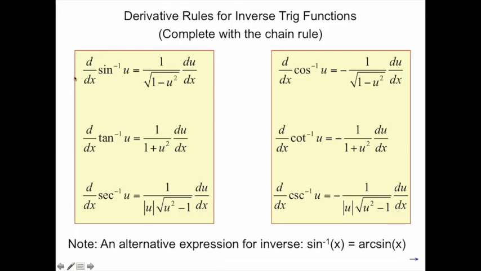So if you can memorize sine, tangent, and secant, then cosine, cotangent, and cosecant kind of come along for the ride. Just a quick note, there's an alternative expression for inverse. For instance, inverse sine, we can write as sine to the -1 of x. We can also write that as arc sine of x. Those are the two ways you'll see it represented, both in the homework and on tests and on the AP exam.